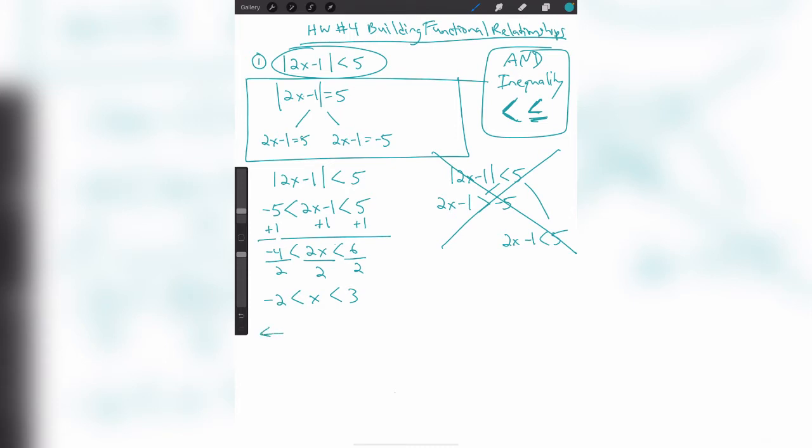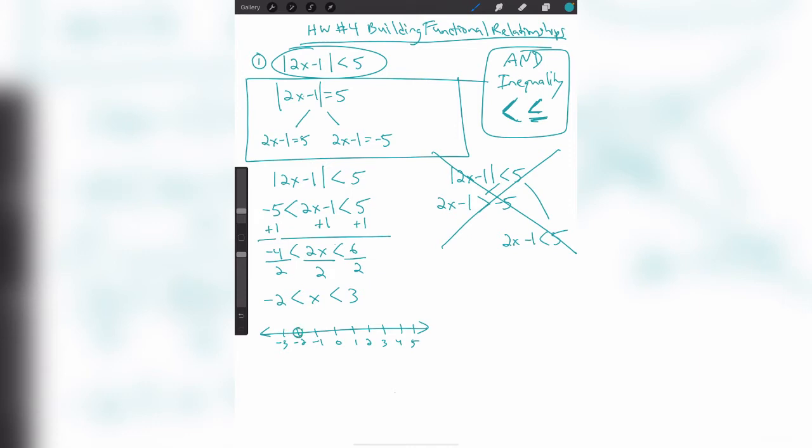The way I would graph it is on a number line. Okay, so I'm going to say negative 3, negative 2, negative 1, 0, 1, 2, 3, 4, and you can continue going. All right, so I say negative 2 is less than x, so I need to use an open circle.